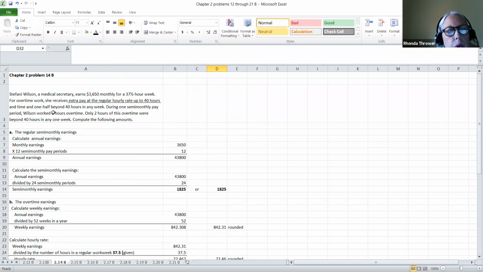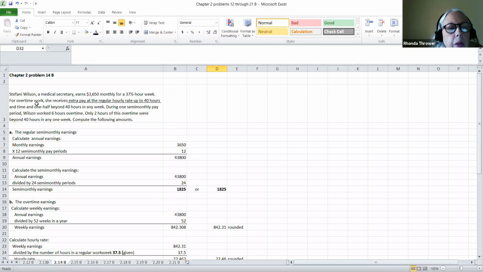And in problem 14, it says Stephanie or Steffi Wilson, a medical secretary, is earning $3,650 monthly for a 37.5-hour work week. Notice in her contract or her agreement with her employer, she's supposed to work 37.5 hours.